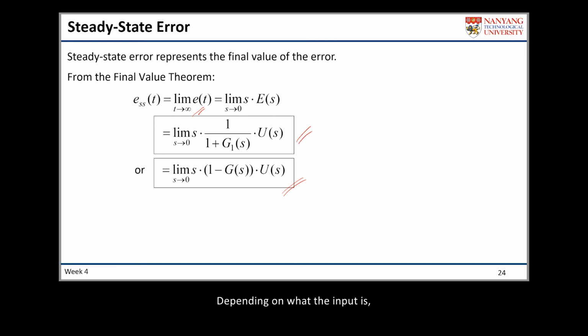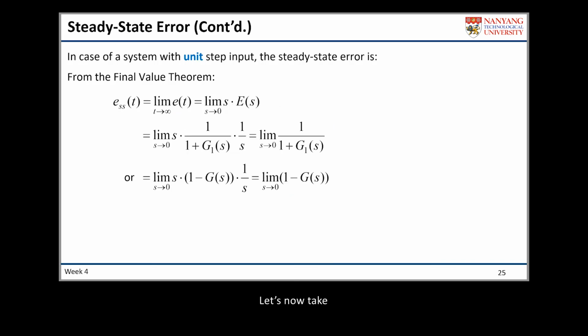Depending on what the input is, you can evaluate the accuracy of the closed loop system from the steady state value of the error. So if you know the input U, you can find the steady state of the error. Let's now take the case when the input is a unit step signal. In this case, the value of U(s) will be equal to 1 over s.